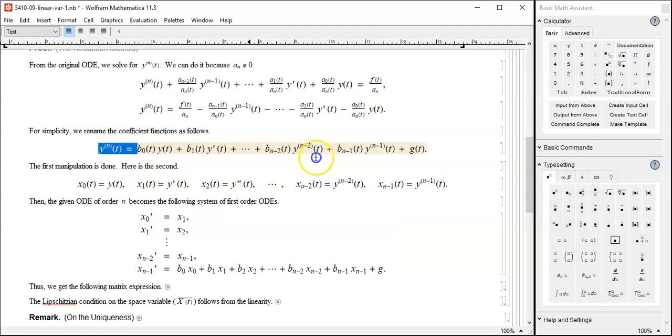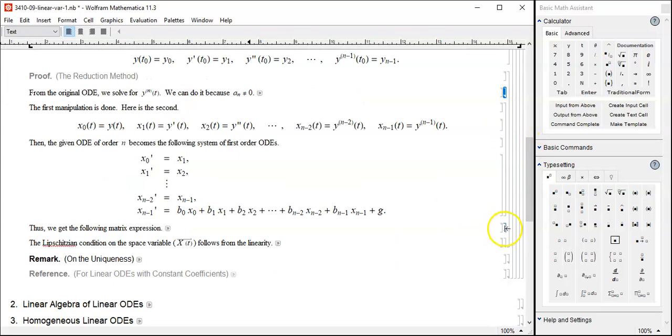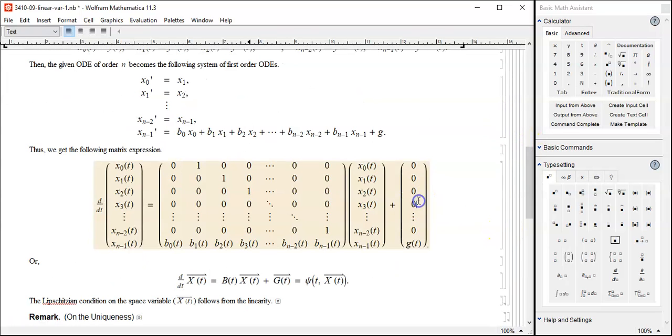So this right hand side corresponds to this final line. y is x0, y prime is x1, y double prime is x2, and so on. So in the end, we get this reduction. We can express it in this matrix expression like this. This thing and then the derivative, because all these are just primes.